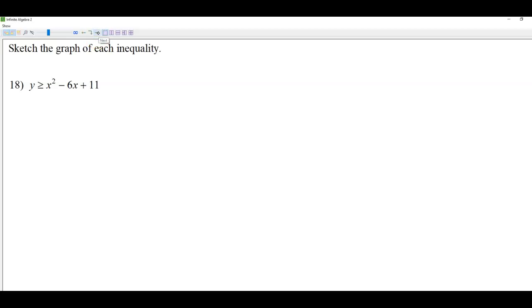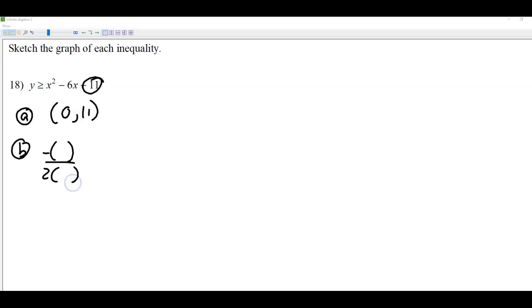All right, one more just for practice. Let's find our y-intercept. 0, 11. Part B, let's find that vertex. So -b over 2a. b is -6. a is 1. So I get 3.